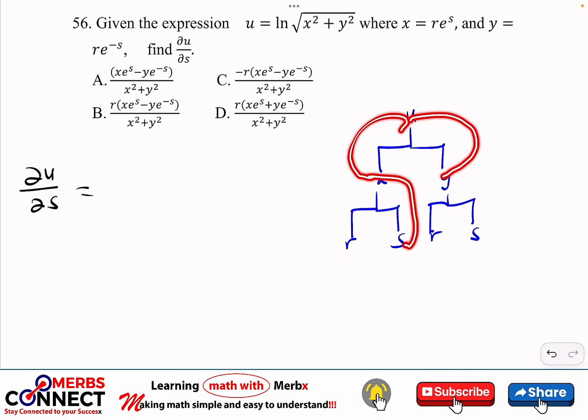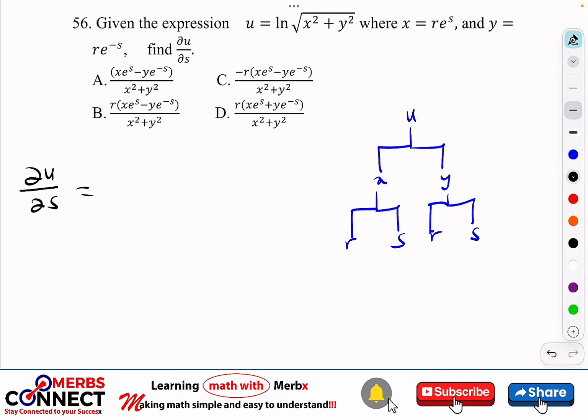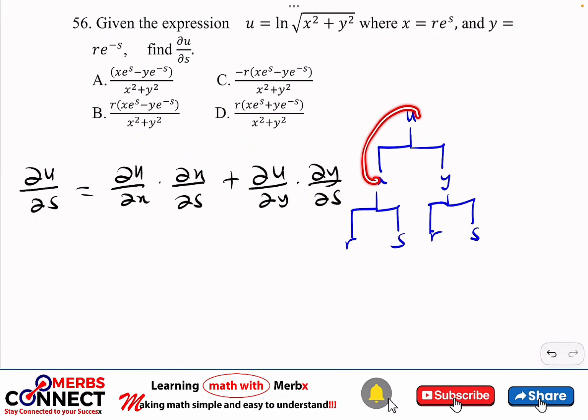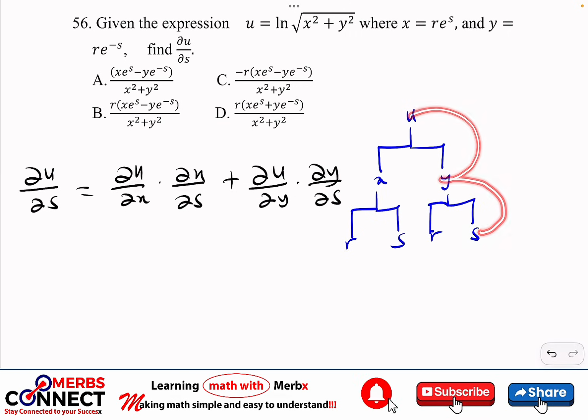I pass on y to x, right? So this is going to be partial of u with respect to x times the partial from x to s, plus partial of u with respect to y and from y to s. So move from u to x and x to s, and y to s here.